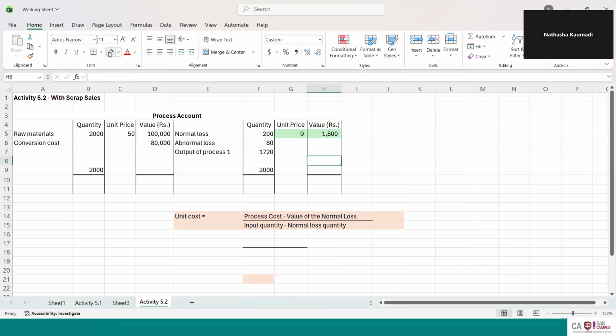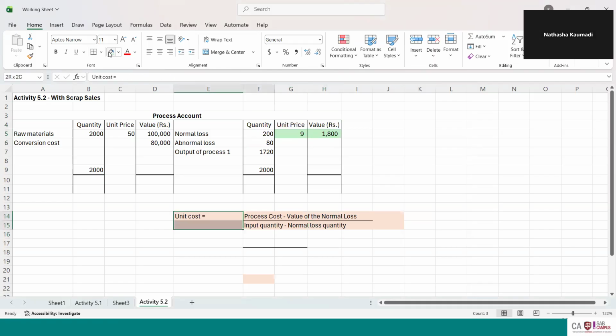So that is the new thing coming here, actually 1800. Right, now done. We have calculated the normal loss value with the scrap sales amount. That is done. And then we are not putting any value for abnormal losses because we have to calculate that value separately. Only for the normal loss, we are recording this value. Right. Now the third step, calculating the unit cost.